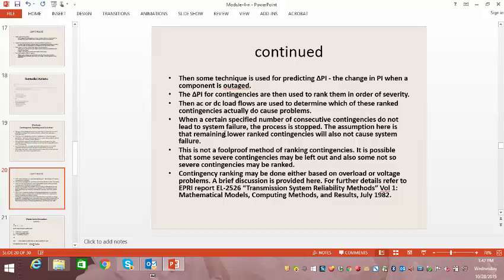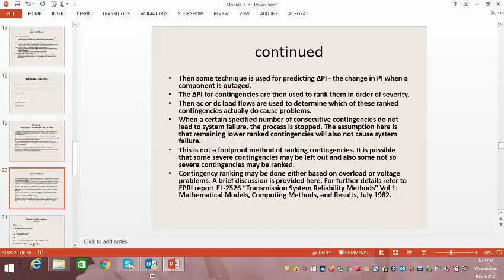Then you go to that list and start from the top and analyze these contingencies in more detail to see which contingencies are actually causing loss of load. And once you hit a contingency or a set of contingencies in consecutive order where there is no loss of load or there is no problem, then you stop.